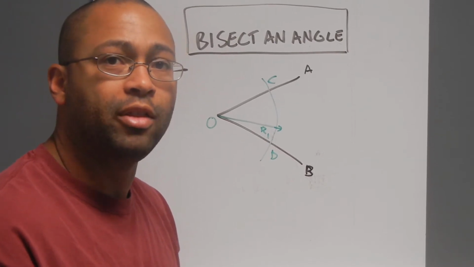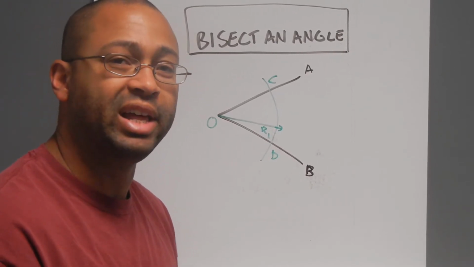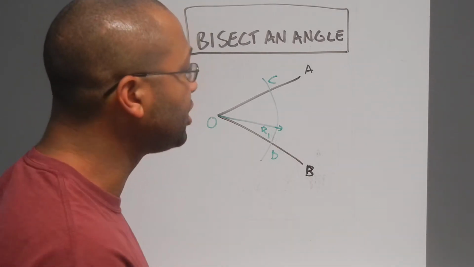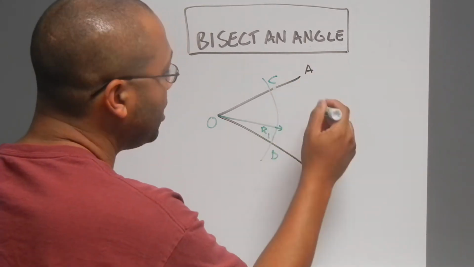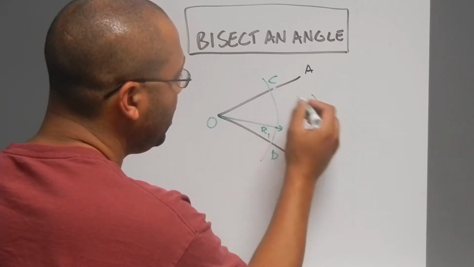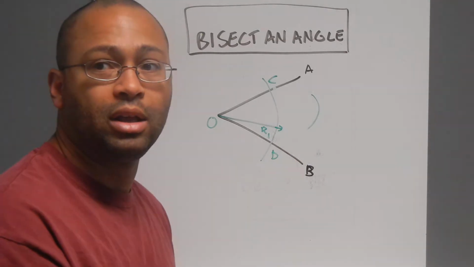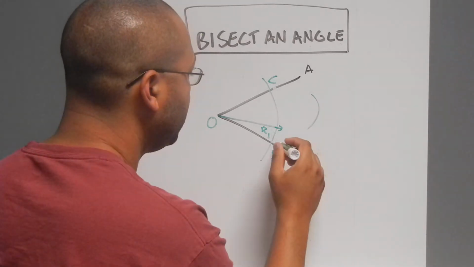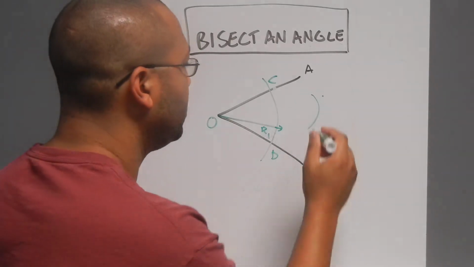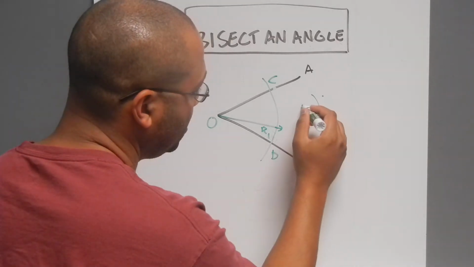I'm going to make another arc, but this time it will be greater than half of arc CD. Make an arc from there to there, and then make another arc from there to there, from here to here.